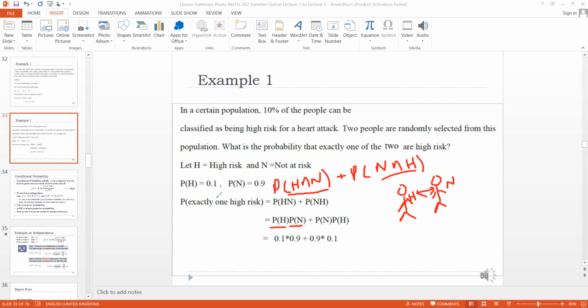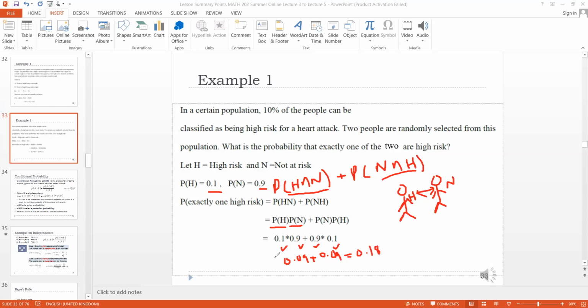P of H we know to be 0.1, so we'll put that here. P of N is 0.9, we'll put that here. And then it goes 0.9 times 0.1. This should give us 0.09, plus 0.09, which will be equal to 0.18.